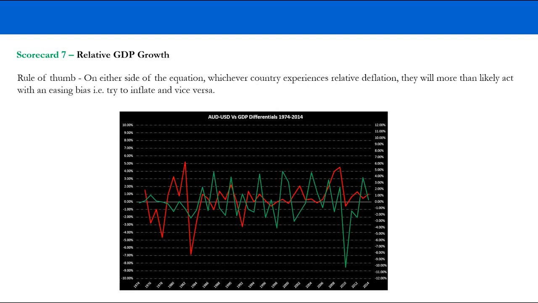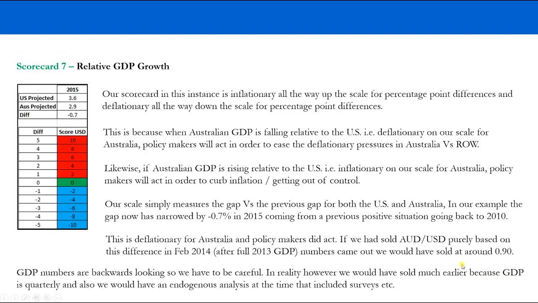The country that's experiencing inflationary conditions relatively is likely to experience deflationary tactics from the central authorities on a relative basis. So how do we actually go about scorecarding this whole situation?